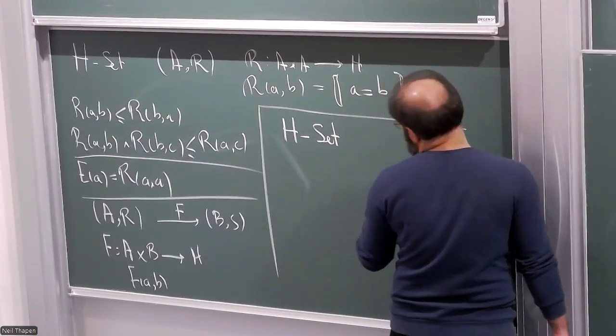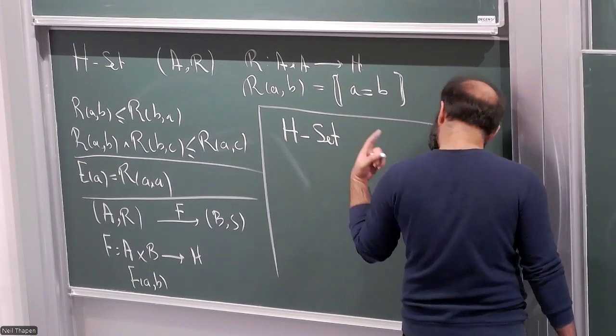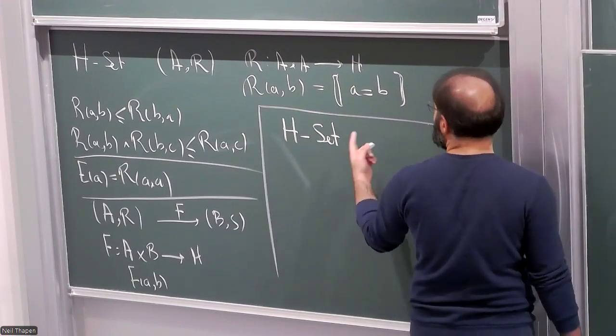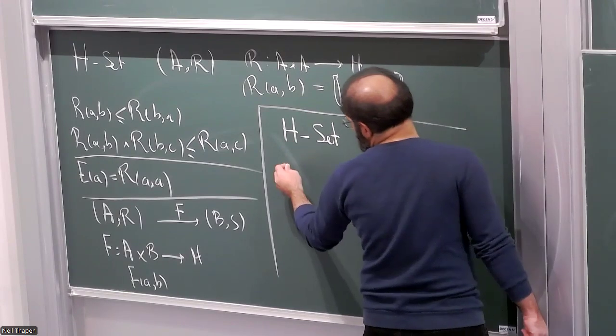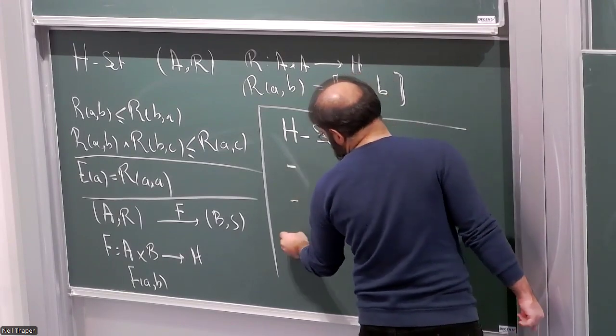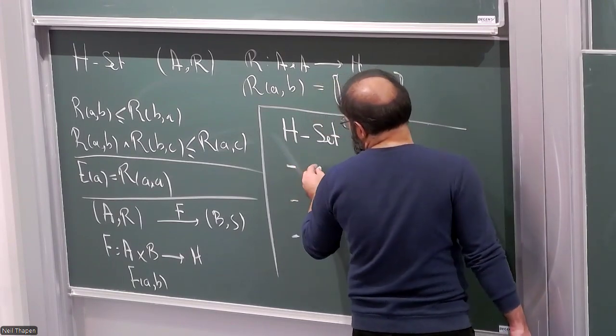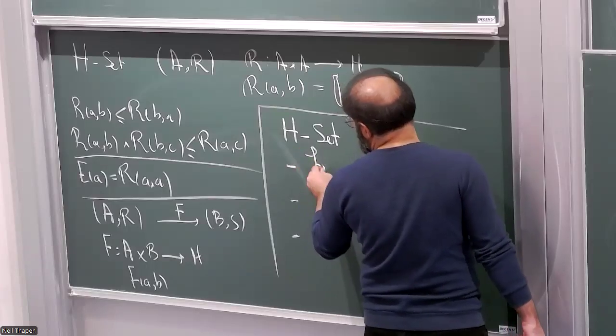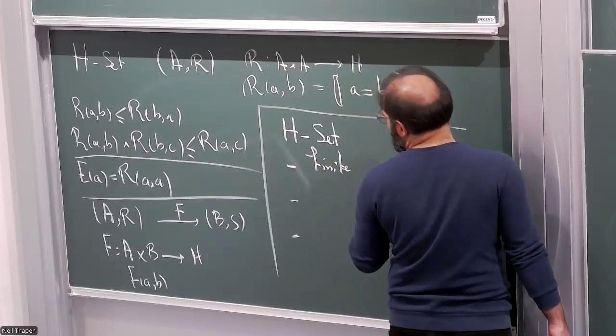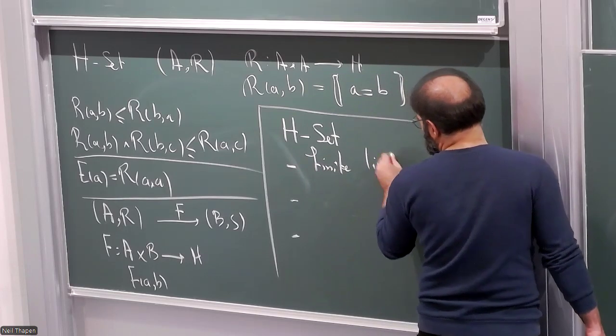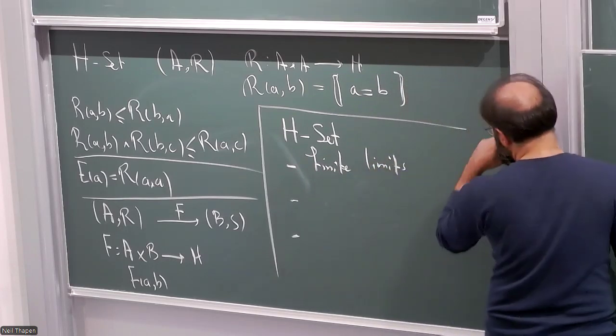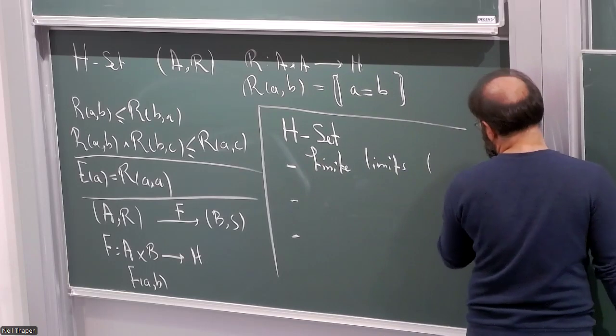And so I claim that this, for any H, complete Heyting algebra, should be a topos. Therefore, I had to check three axioms that any topos has. And we started with finite limits. We checked that. You remember, for instance, the one that I need today is just a terminal object.